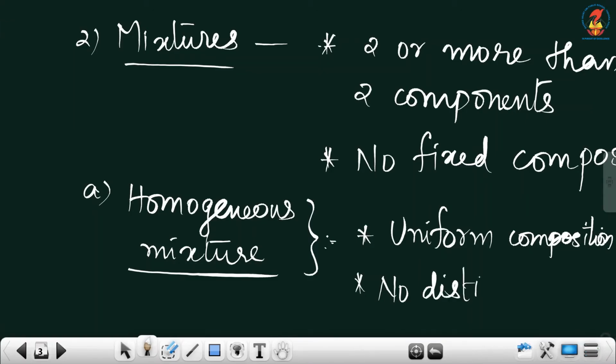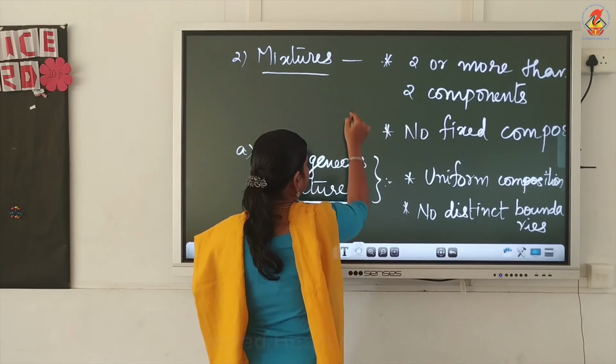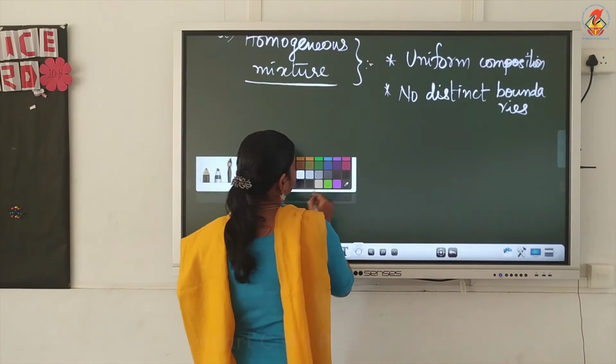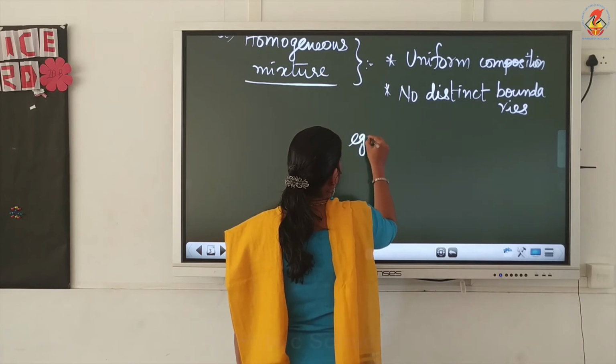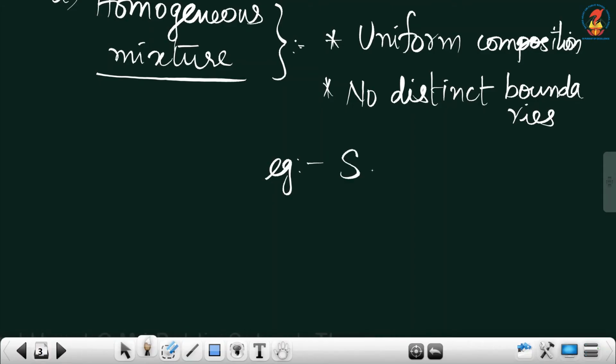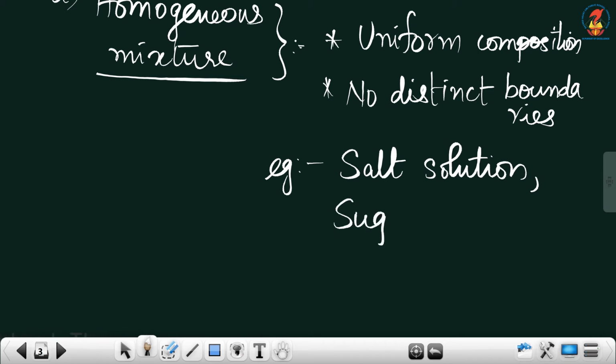Examples are salt solution and sugar solution. All these are examples of homogeneous mixtures.